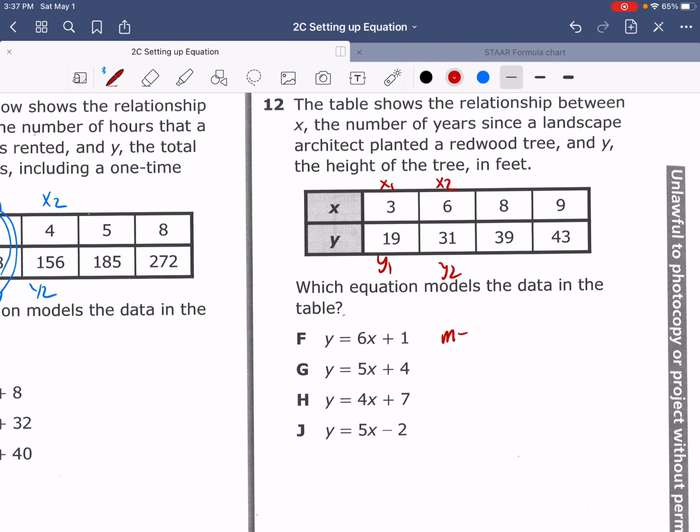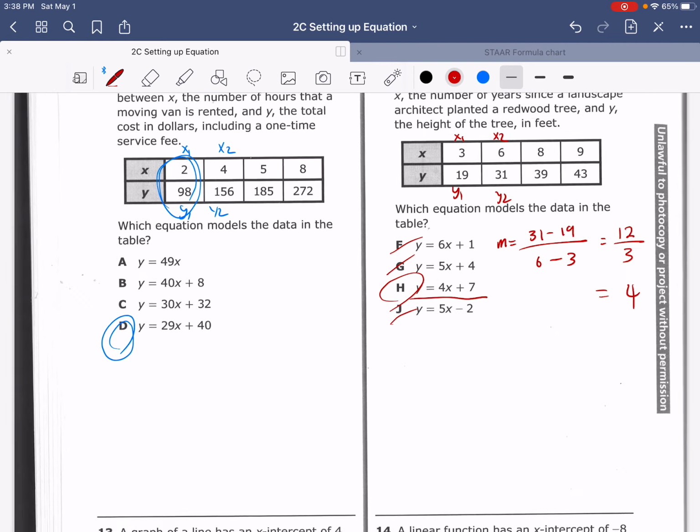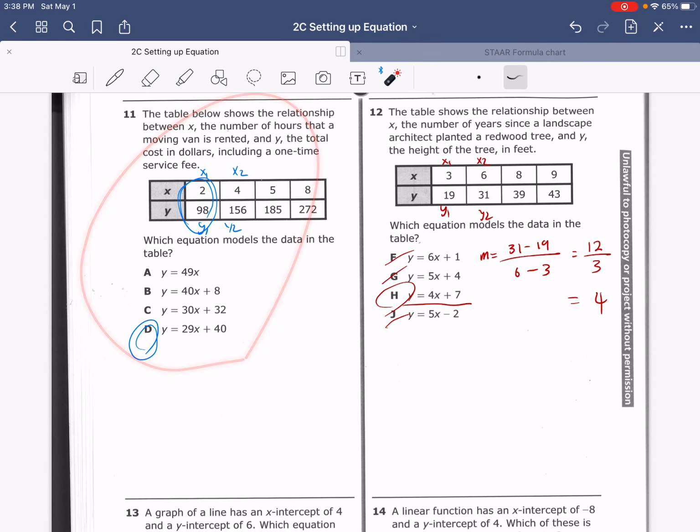Find the slope: 31 minus 19 over 6 minus 3, which is 12 over 3, which is going to be 4. So the slope is 4. Oh, I got the answer already, because this is the only option that has 4 as a slope. Well, this is easier than graphing everything, right? I don't even have to get into this step because I already know the slope.